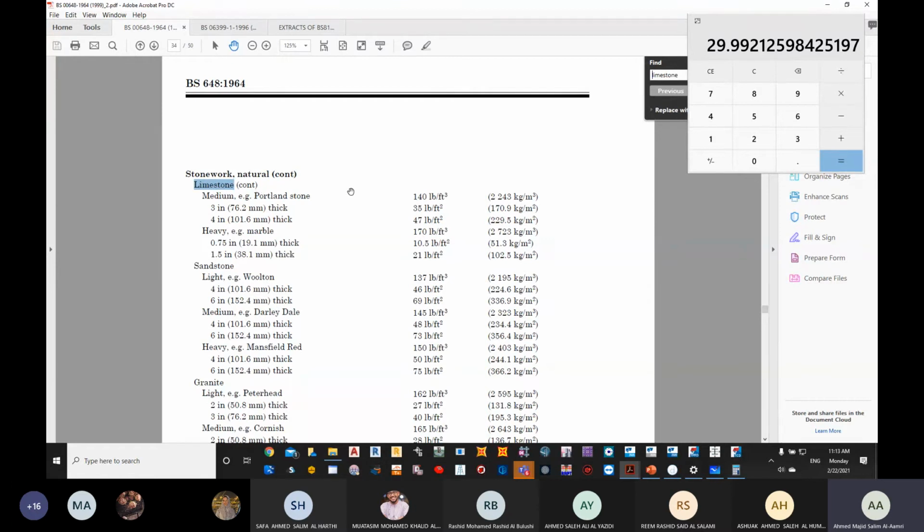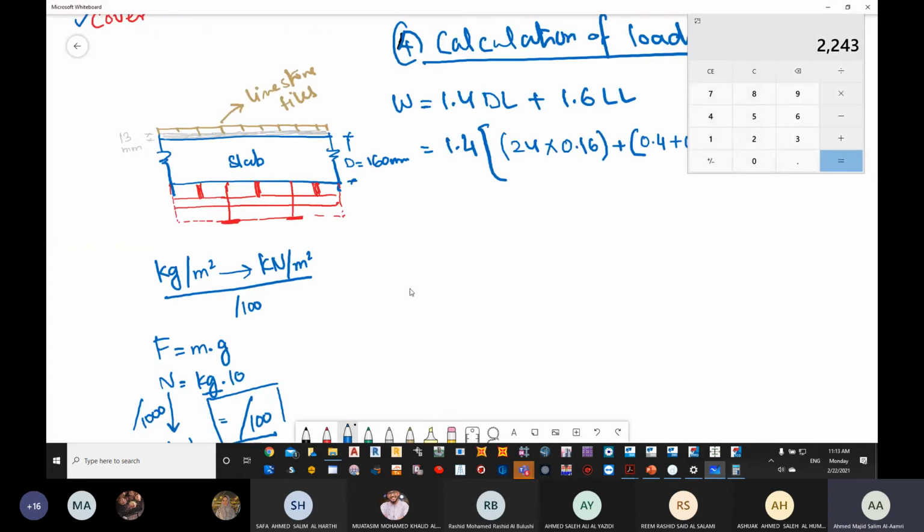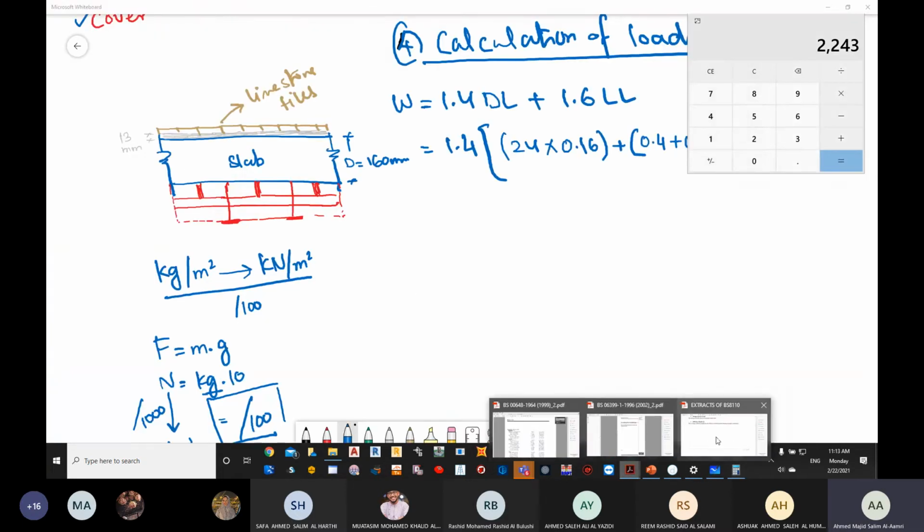So you can see that the density is 2243. So we will bring 2243 and multiply by the thickness of the tiles given in the problem. So we can return and see what it is.